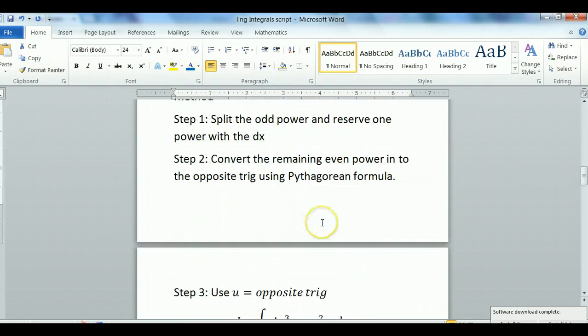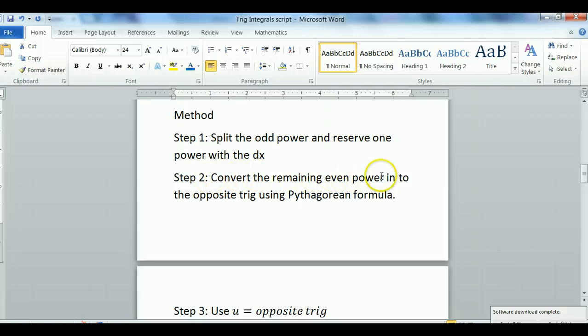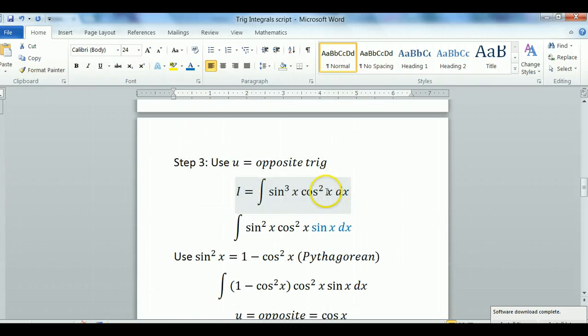Now step 2 would be convert the remaining even power into the opposite trig using the Pythagorean formula. Now what do you mean by that? Now when we split that sine cube, this is the remaining power of sine, and that is an even power.